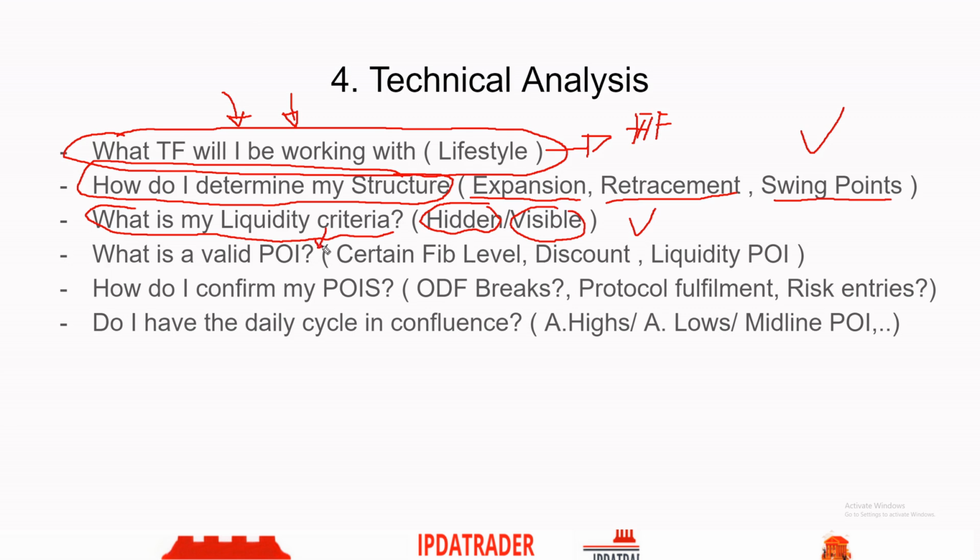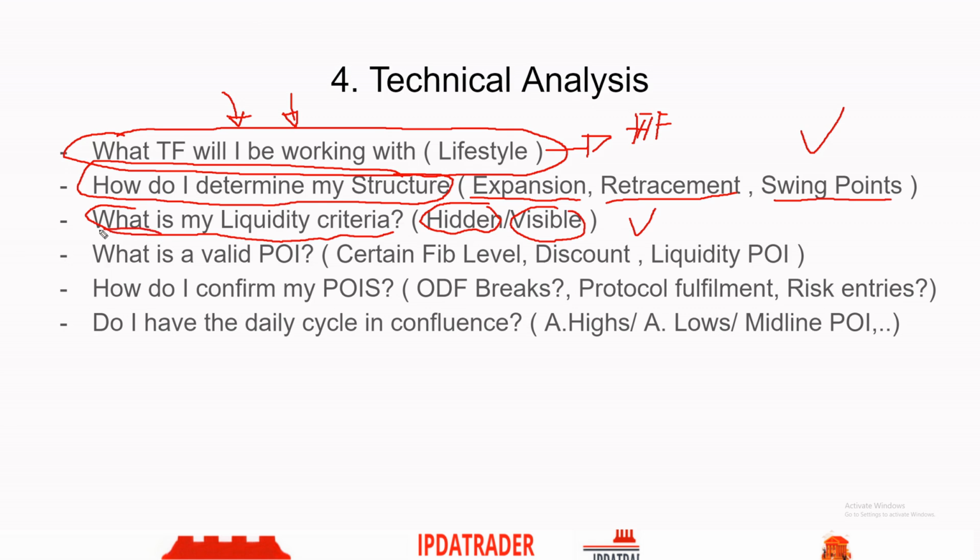We're going to be getting into that in a second, but understand that you will need to have some sort of idea of when my liquidity criteria is going to be fulfilled and what really needs to happen for it to be fulfilled. Those are things you want to be asking yourself in order to create a trading plan with the methodology that we apply day in and day out.